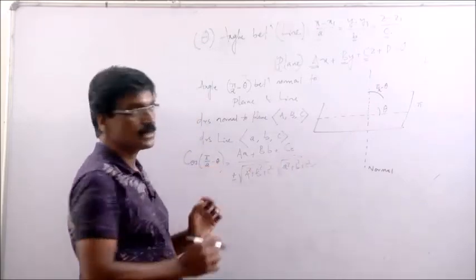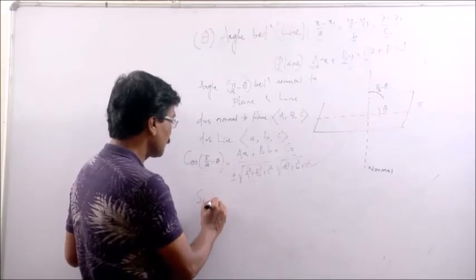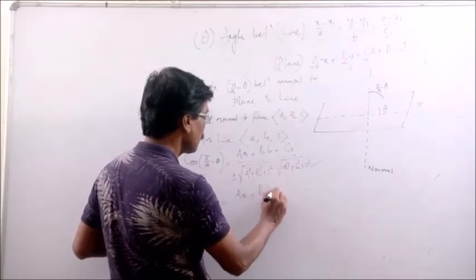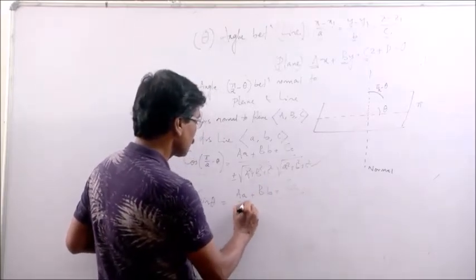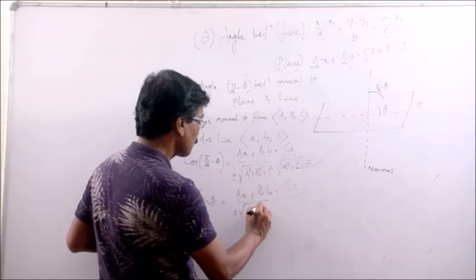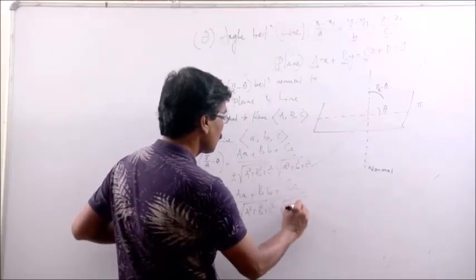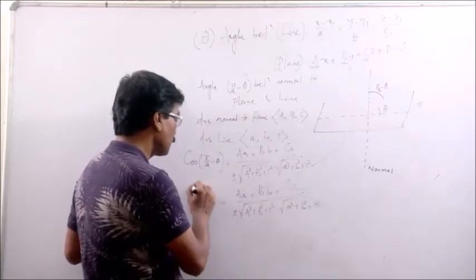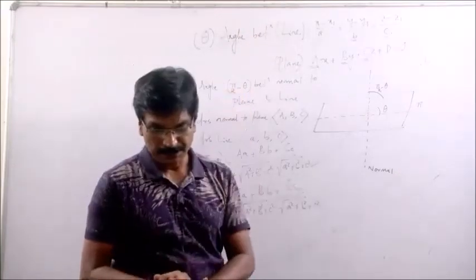Or rather we can say cos (90 minus theta) is sin theta, is equal to A into a plus B into b plus C into c by plus minus root over of A square plus B square plus C square, root over of a square plus b square plus c square. So, this is the angle between a line and a plane.